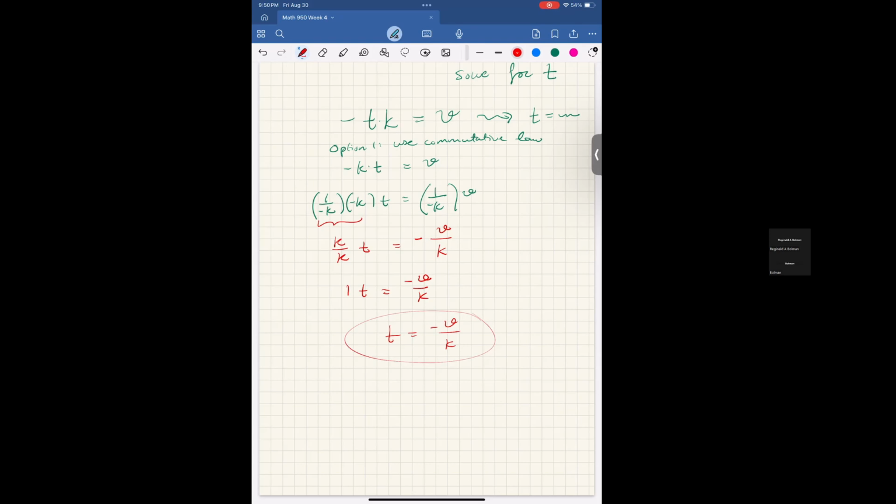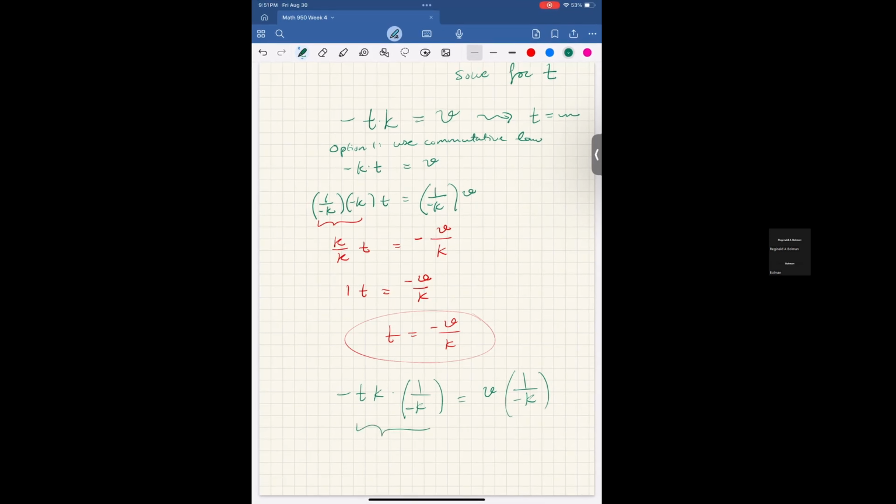Option number 2 would be that you did not move your k because you're not frightened by this idea that we could have just multiplied 1 over k. In fact, we might as well just multiply 1 over a negative k on both sides of our equal sign. In this instance, we'll multiply on the right because why not? So I'm going to multiply on the right-hand side with this negative 1 over k. And we've got a negative term, this negative tk times negative 1 over k.